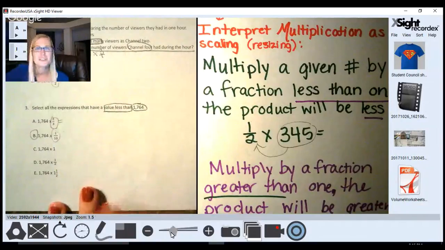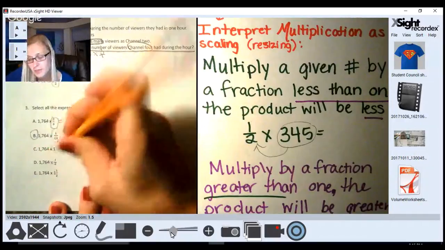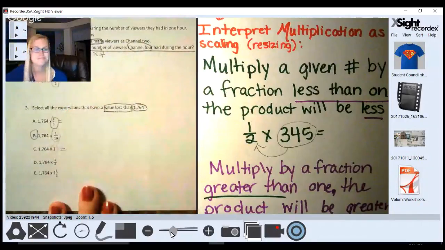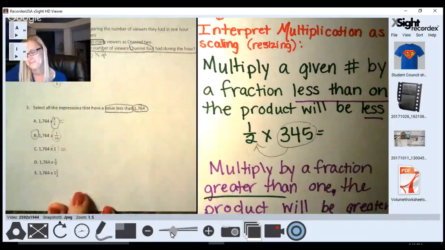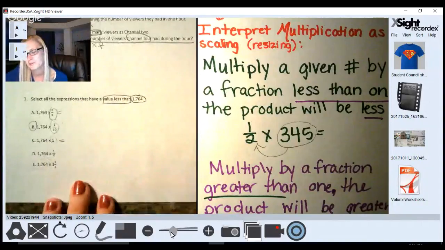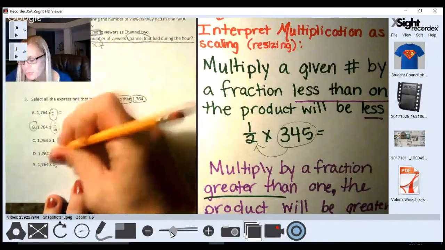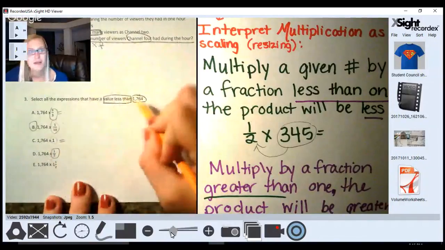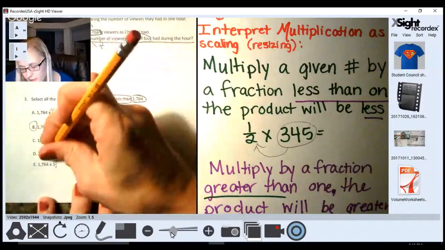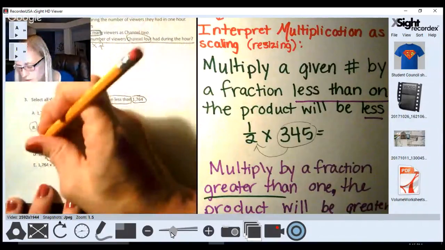Again, if you're referring to rules, hopefully you would notice that C absolutely does not work because, again, multiplying by 1, it's going to end up being equal. Look at letter D, 1,764 times 1/2. Does that work? And again, that answer is yes, this one would make it less than my given number. I'm taking that number and I'm cutting it into 2 equal shares, and I'm only going to keep 1 of those shares. So D works as well.